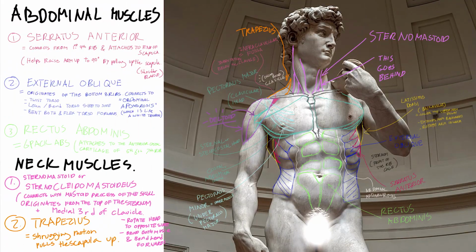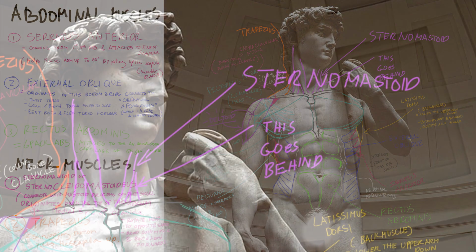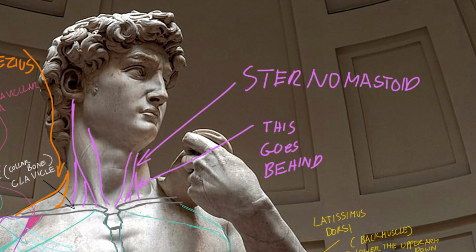Now the sternocleidomastoid is connected to the mastoid process of the skull at the top, and it originates from the top of the sternum and medial third of the clavicle. So it's really close to that center part. So that's why we have this really strong muscle that goes all the way down.